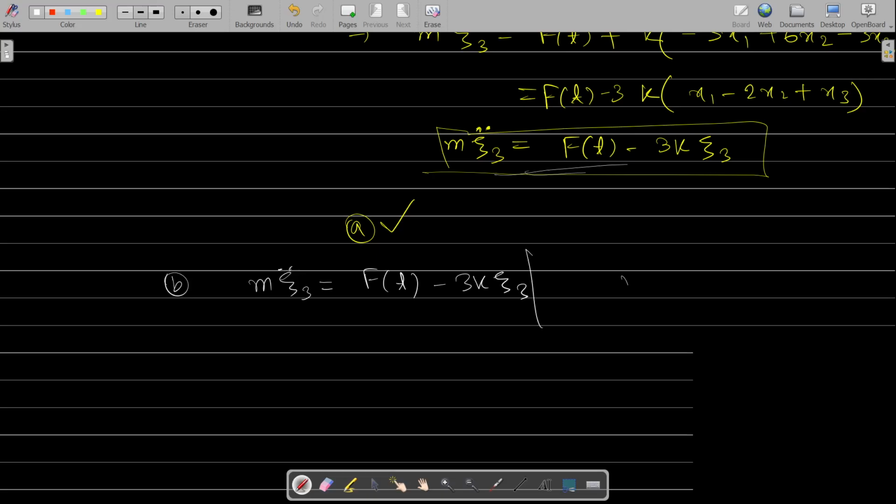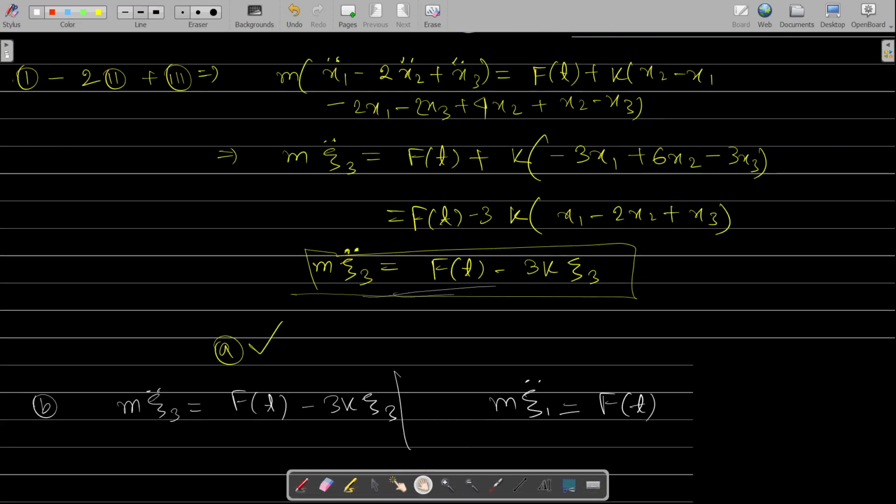For xi1 it can easily be verified that the equation of motion is this, and for xi2 we have seen it before.